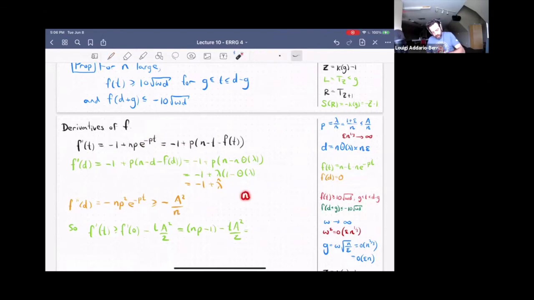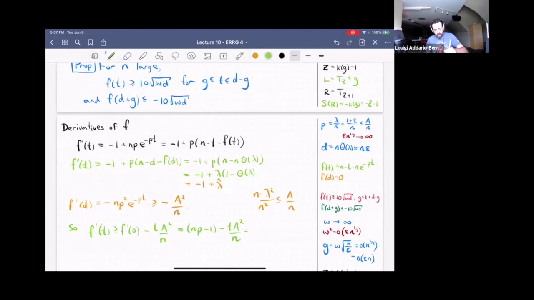Because np squared is n times lambda squared over n squared, which is at most a over n. Sorry about that, those 2's should be n's. It's true with 2, but I think I need it to be an n.